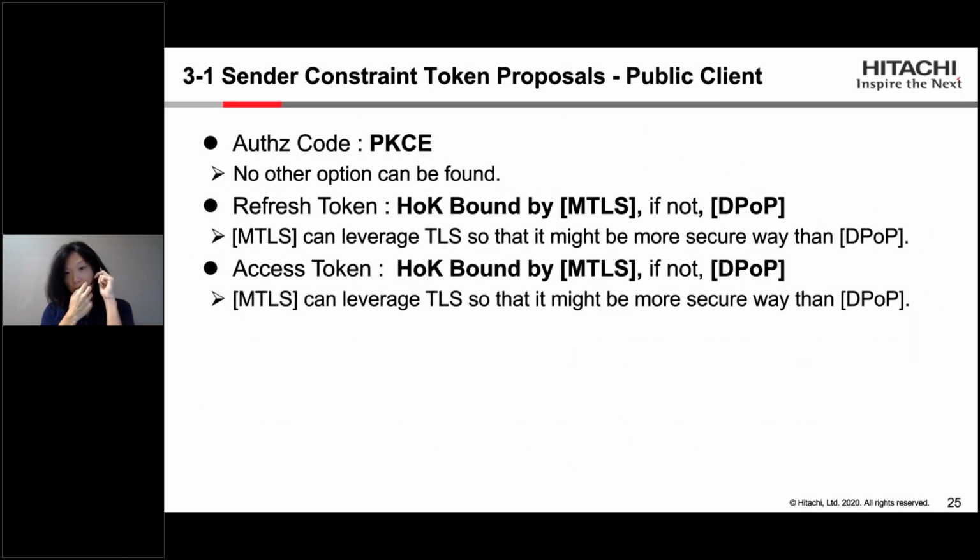Because the public client cannot support OAuth client authentication in its nature, instead of using the client bound token method, we can adopt the holder-of-key bound method.